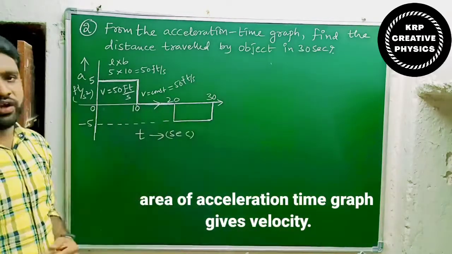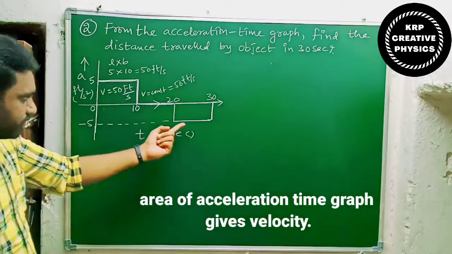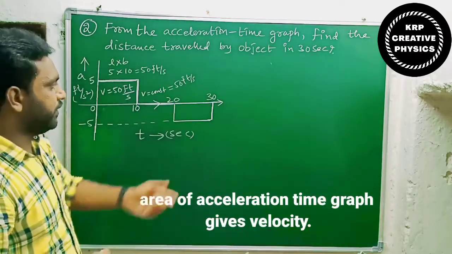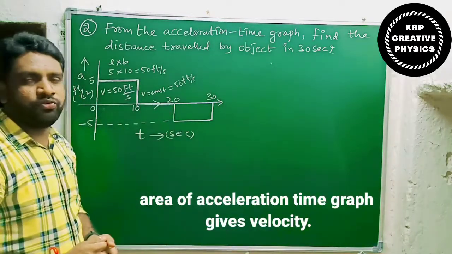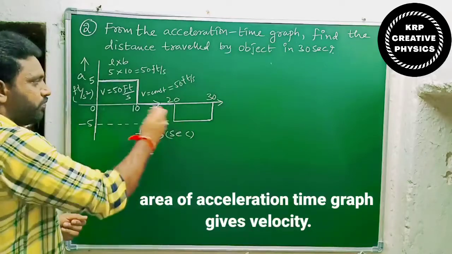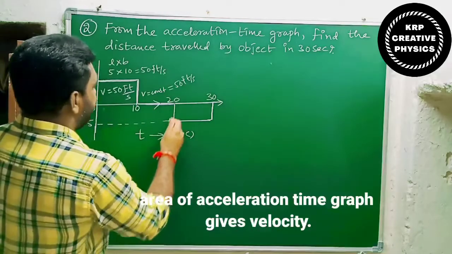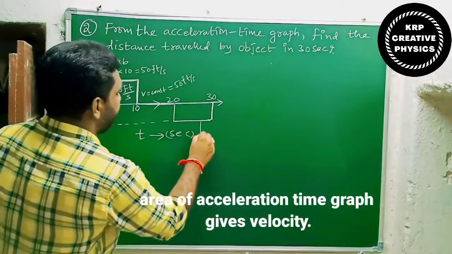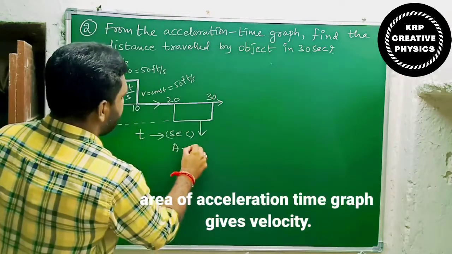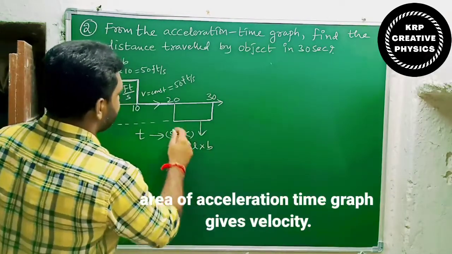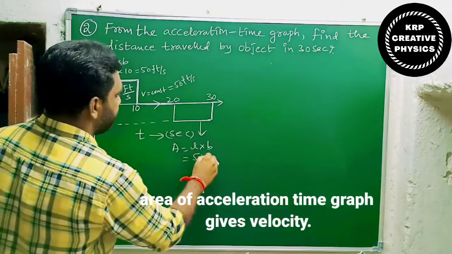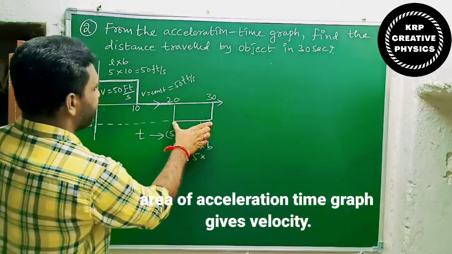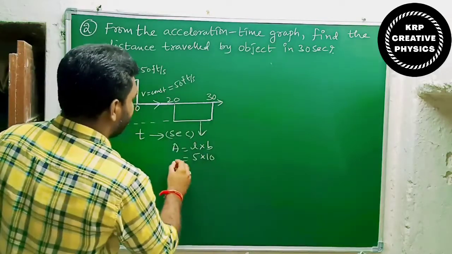Next we need to consider the remaining part. I already told you about this part in the beginning. This part represents uniform retardation, or uniform negative acceleration. Again we need to find the area. The length is 5, and the breadth is 30 minus 20, which is 10. So the area equals length into breadth, 5 into 10, giving 50.